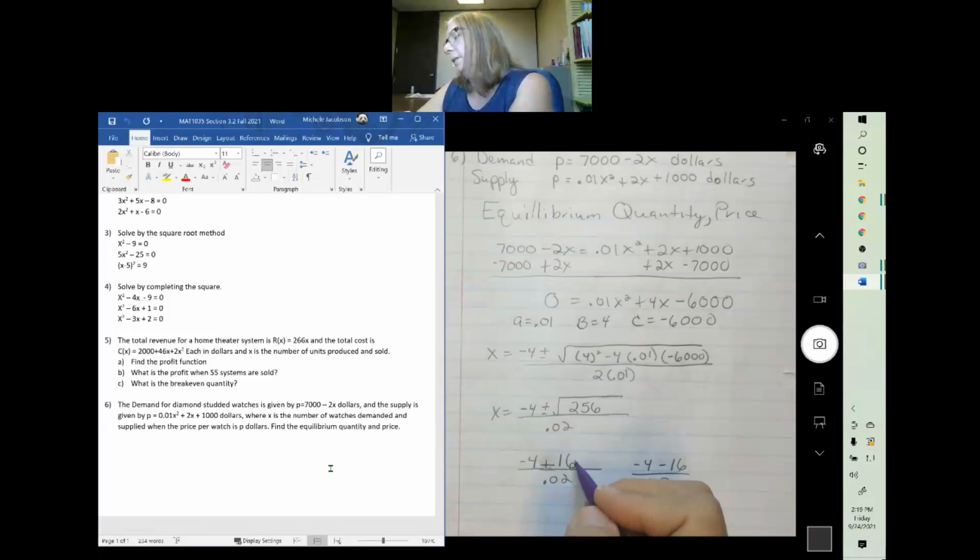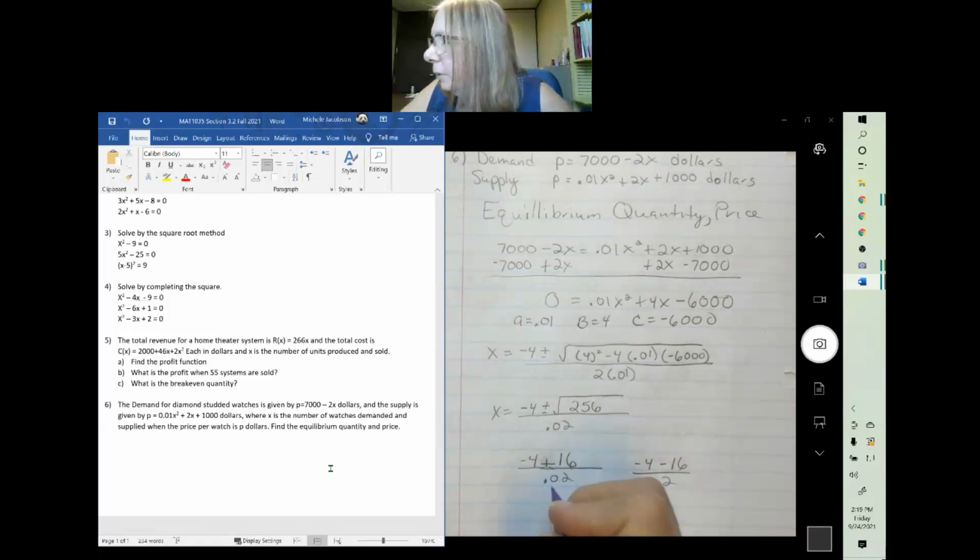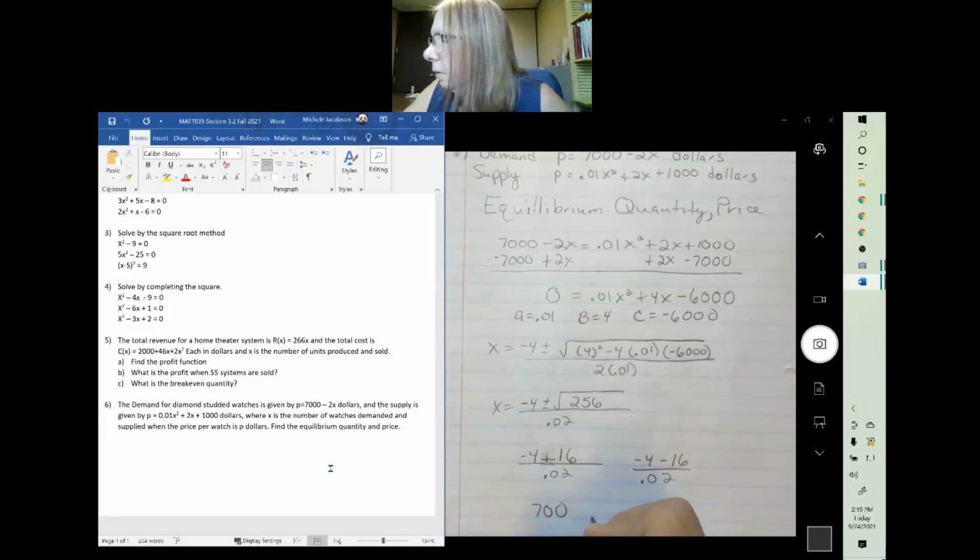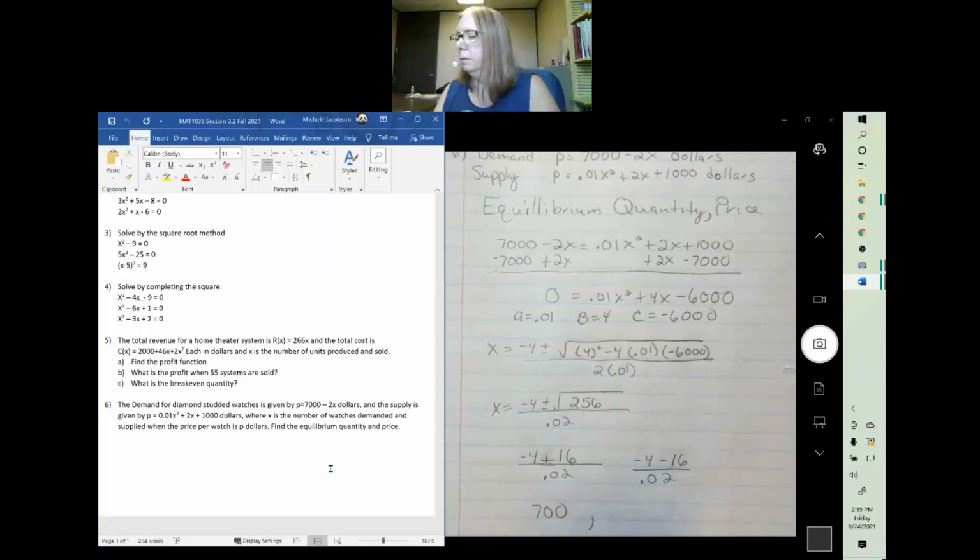Negative 4 plus 16 is 12. 12 divided by 0.02 is 600.